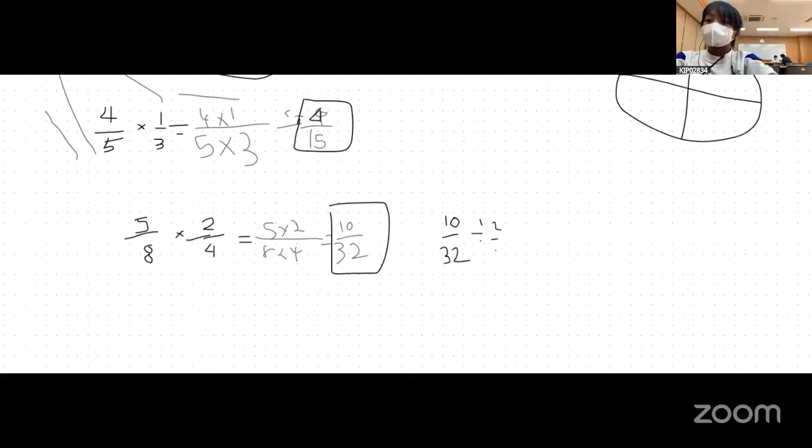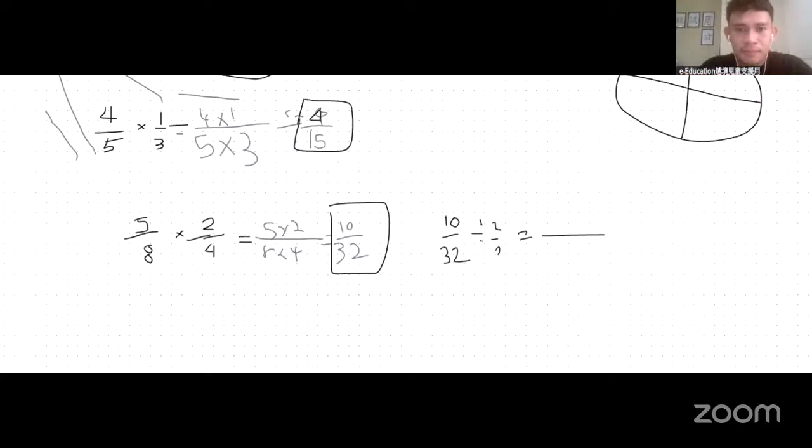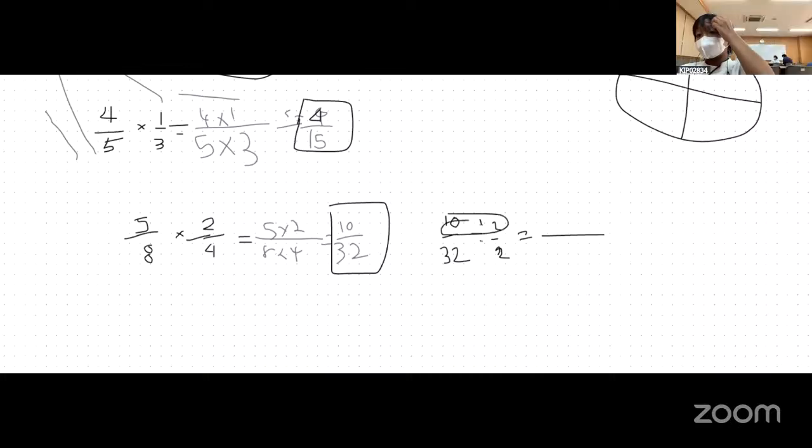So 10 divided by 2. How much would that be? 10 divided by 2 is 5. How about 32 divided by 2?